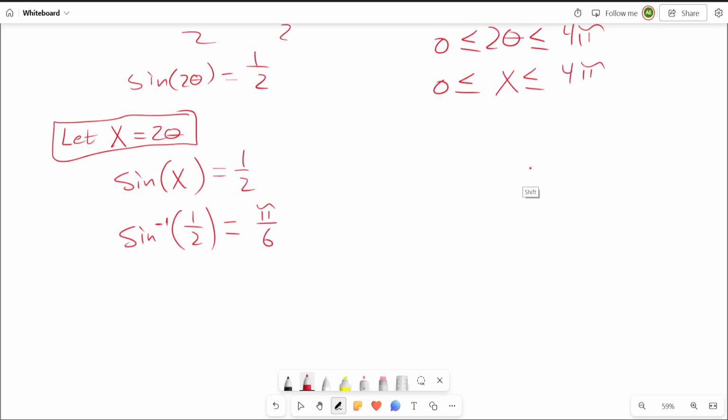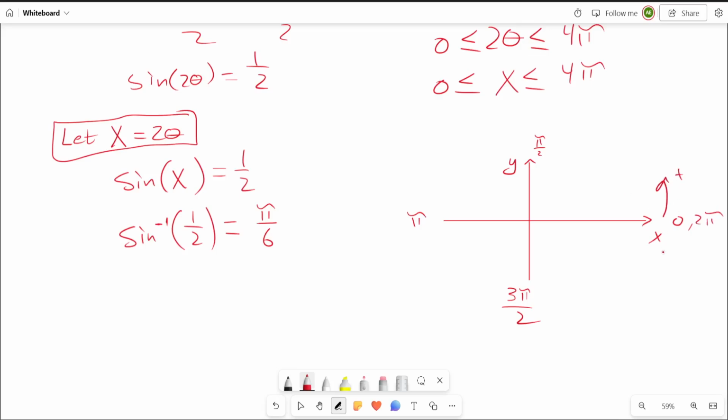And then, as always, I'm going to draw my ASTC quadrants. So x, y. Now I will put my angles in radians. So this is 0. I know that 90 is pi over 2, 180 is pi, 270 is 3 pi over 2, and 360 is 2 pi.